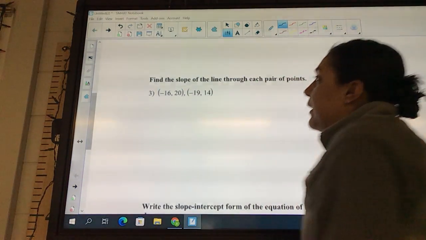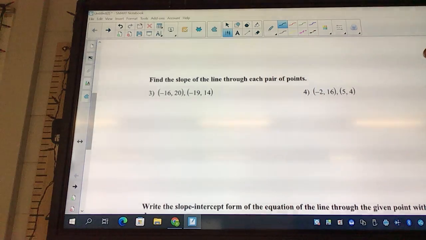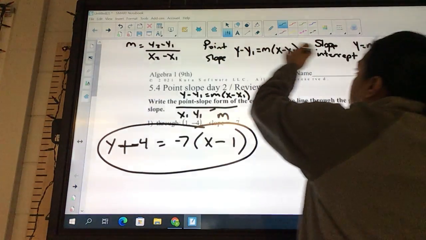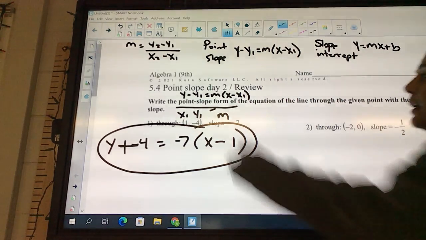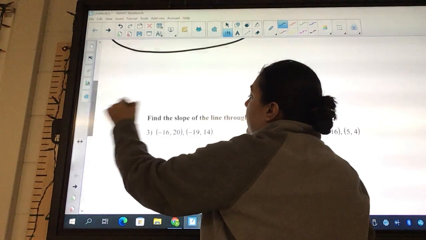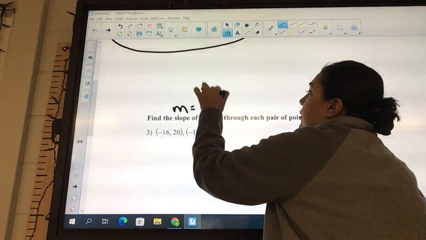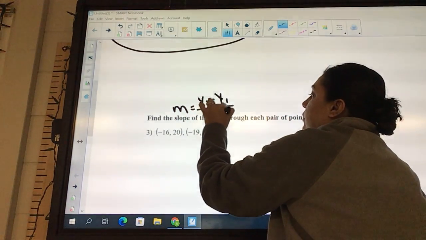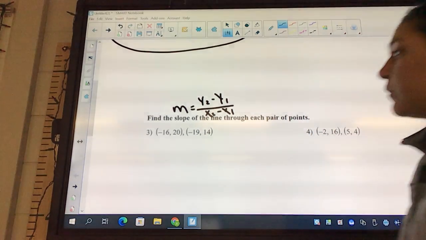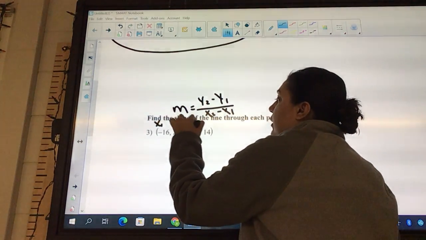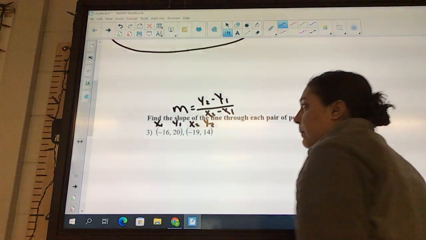Find the slope of the line. Look at your formulas and say, which one of these is slope? They want you to find the slope of the line, and so that one's going to be this. We know we need our answer to be an m, which is y2 minus y1 over x2 minus x1. The very first thing we're going to do is label x1, y1, x2, y2.